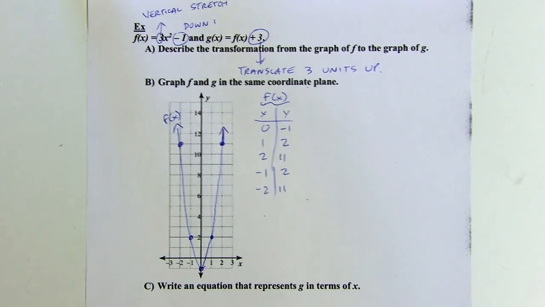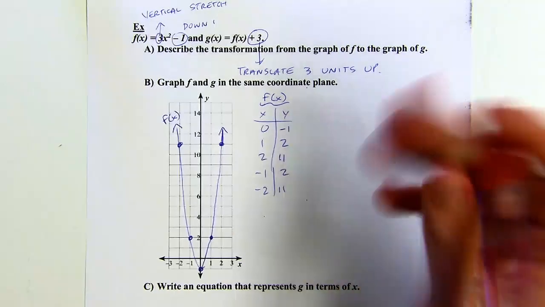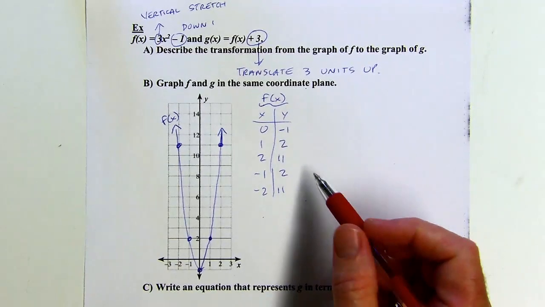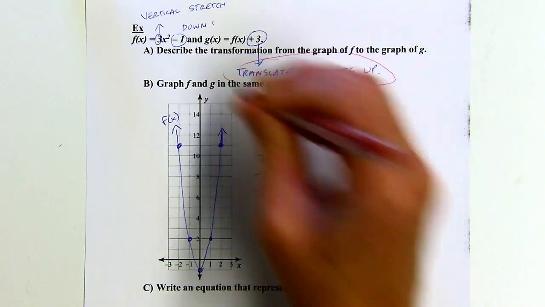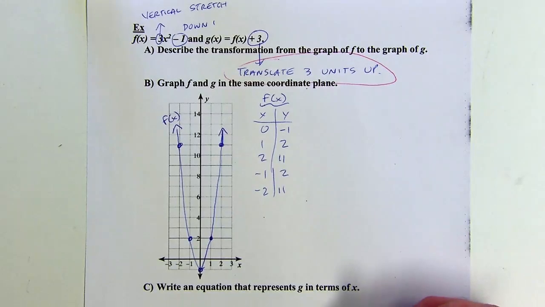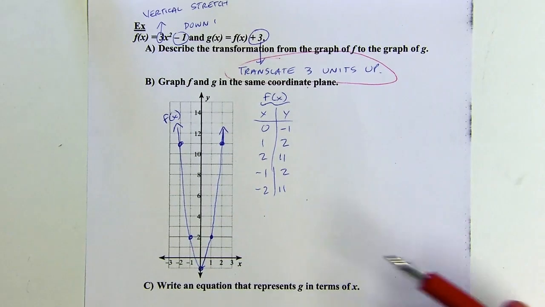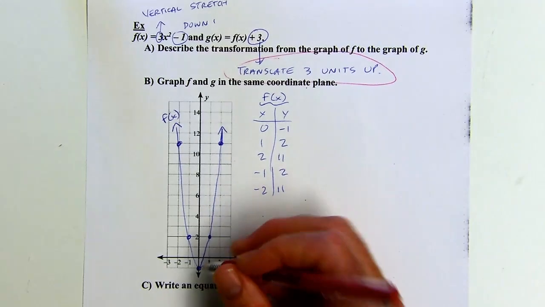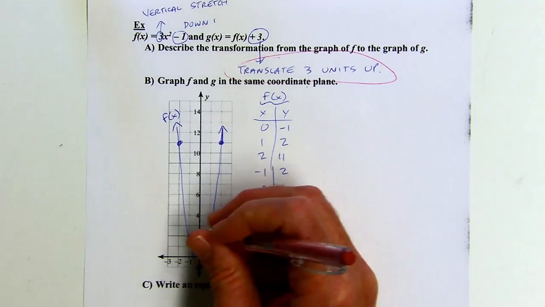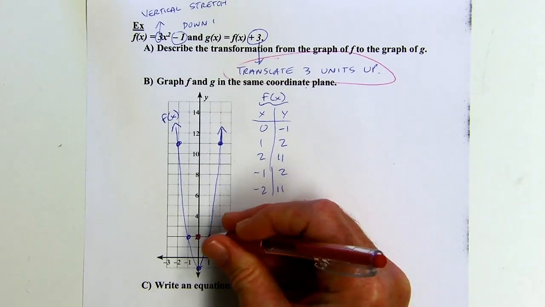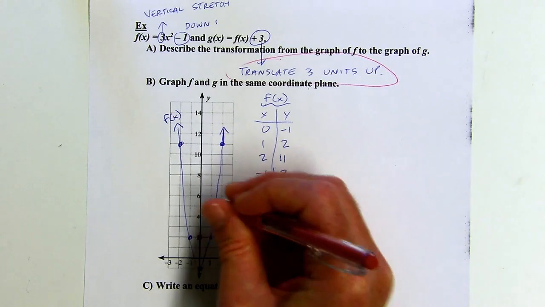So then for g of x, I'm not going to make an xy table because I'm just going to take that and shift everything up 3 units. You could do an xy table, but you'd need to write the equation first. But I'm just going to take my vertex and go up 3 units. 1, 2, 3. There it is. Then I'll take this point and go up 3 units. 1, 2, 3.